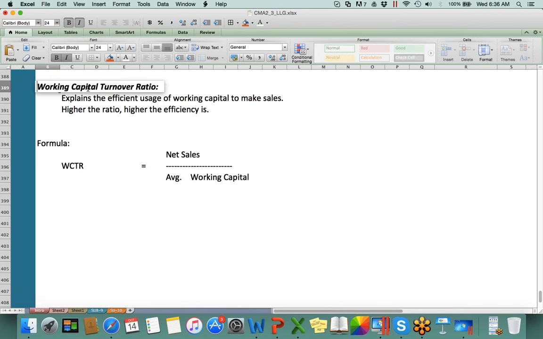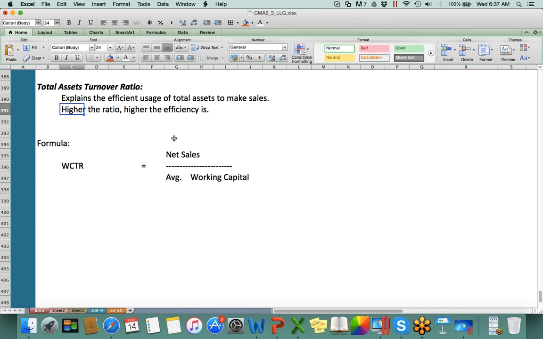That is the total asset turnover ratio: efficient usage of total assets. Here also the ratio should preferably be higher.